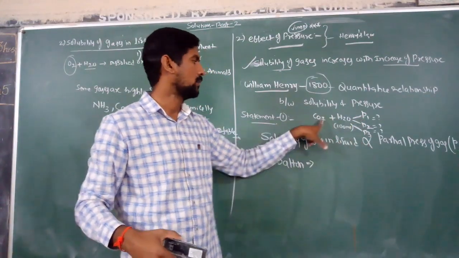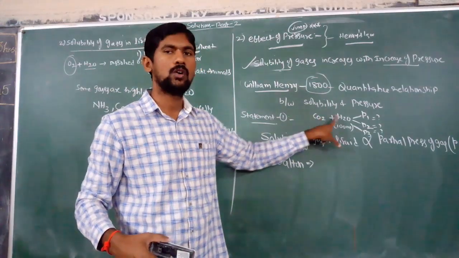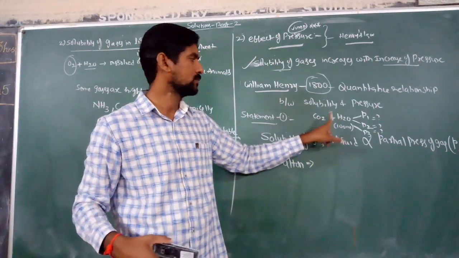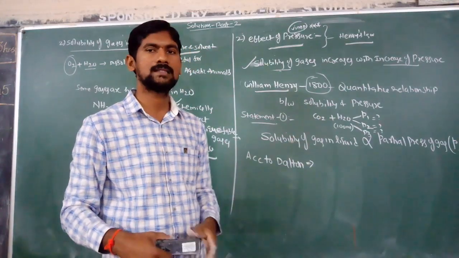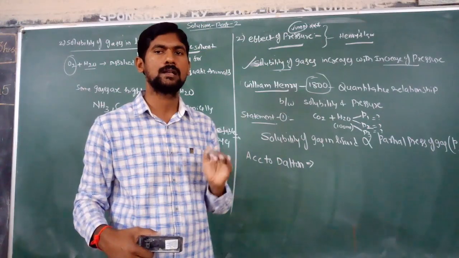At 10 atmosphere, how much carbon dioxide dissolved in water? At 20 atmosphere, how much? Fix the volume of carbon dioxide and water, then you can vary the pressure.